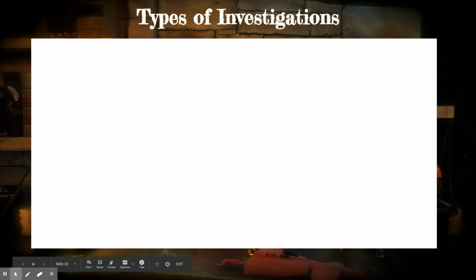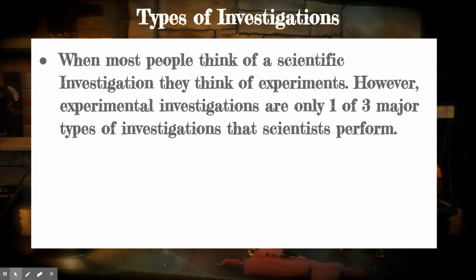Okay, so when we're going over the types of investigations, usually when you think about science, everyone thinks about experiments, right? And especially when you think about scientific investigations. But there's a smaller scope in the broad scope of investigation when it comes to science.